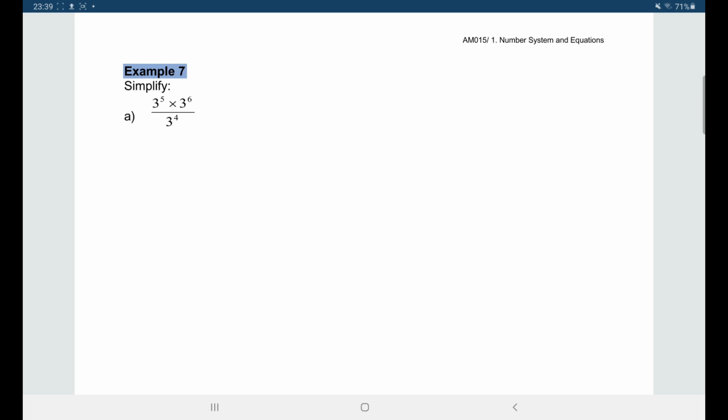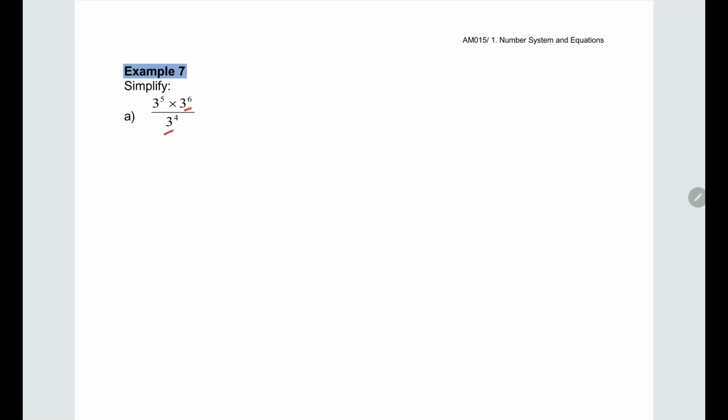Example 7, simplify A, 3^5 times 3^6 divided by 3^4. From the question, all bases are the same. So when the bases multiply, the index will be plus, and when the same base divides, the index will be minus.